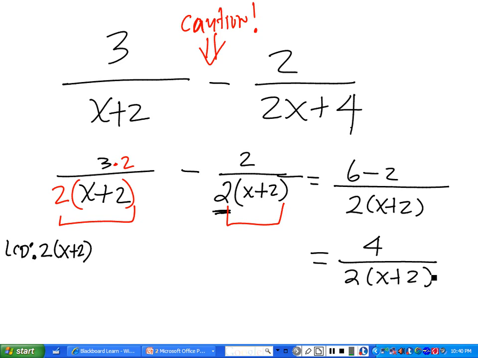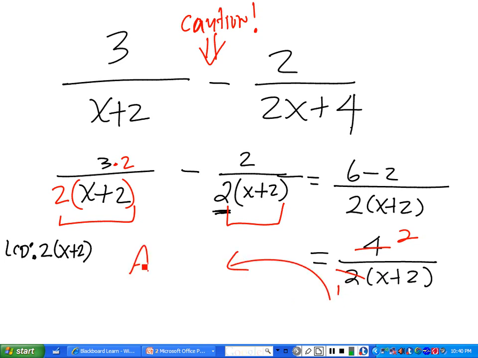Now, am I finished? Actually, no. See this 2 hanging out here and this 4? You can actually simplify that 4 and that 2. What number can go into 2 and 4? 2, of course. 2 goes into 4 two times, 2 goes into 2 one time.